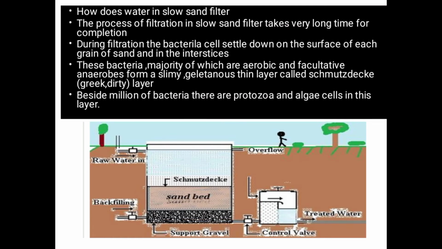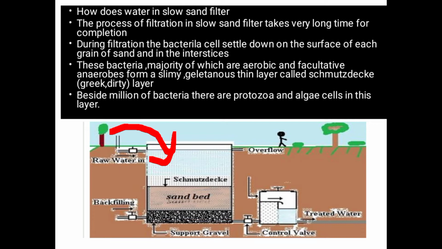Now the question arises, how does filtration work in slow sand filter? The process of filtration in slow sand filter takes a very long time for completion. This is the raw water; when you pass the raw water into this slow sand filter, the process of filtration is very slow.